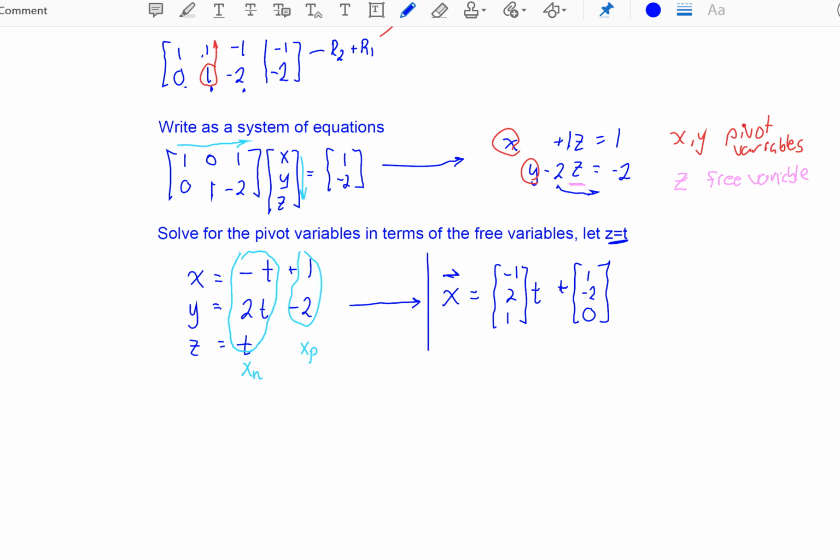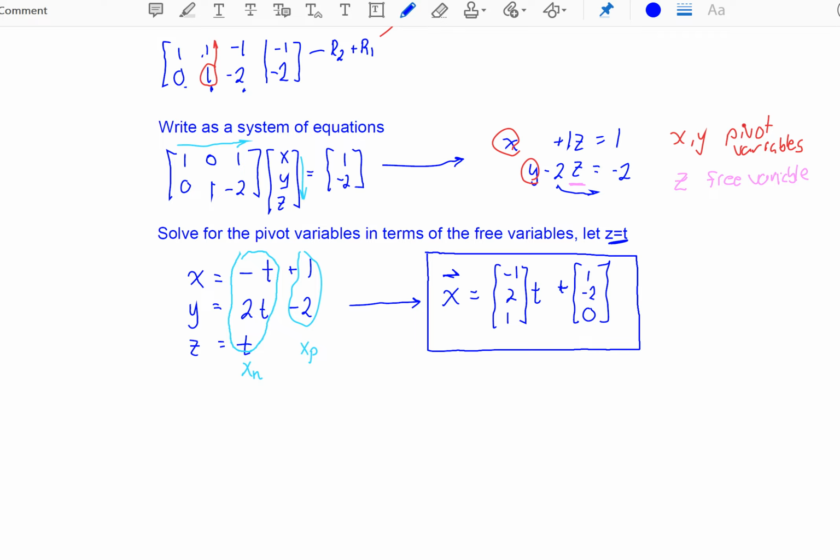This is our general solution to our system of equations. What you'd like to know with this is that each value of t that we insert will produce another solution to our original system of equations.